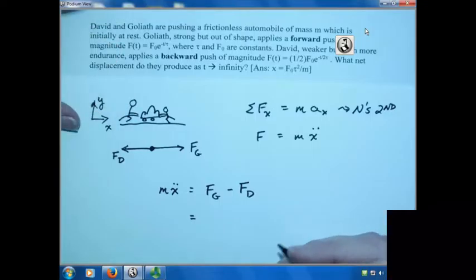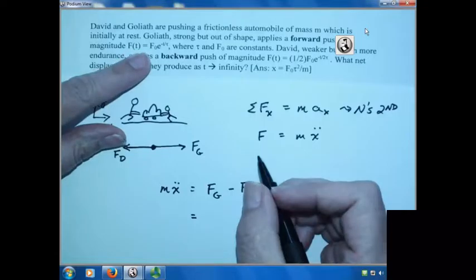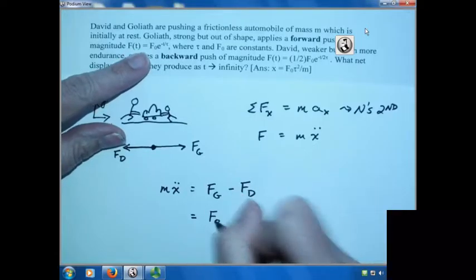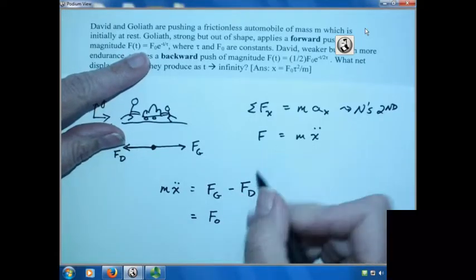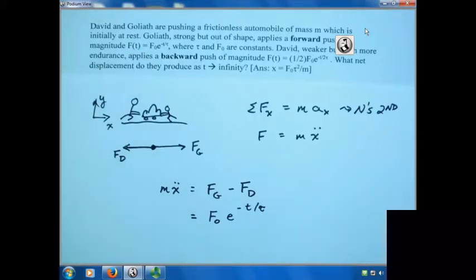So for Goliath, I have this constant value of F naught, some fixed value, times e to the minus t over tau, where tau is a time constant for that force. That means it's the time it takes for that force to drop to 1 over 2.73 of its value at any time. This amount of time later, it'll be approximately 1/3 of what it was before. So this is an exponentially declining force because they get tired.